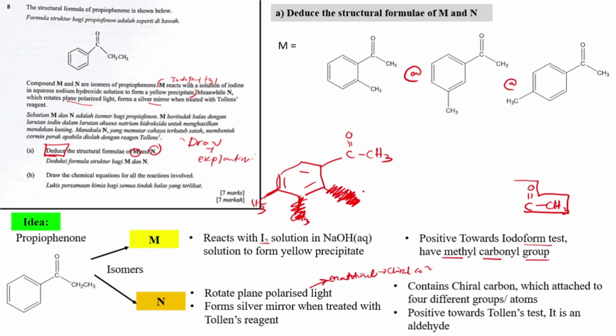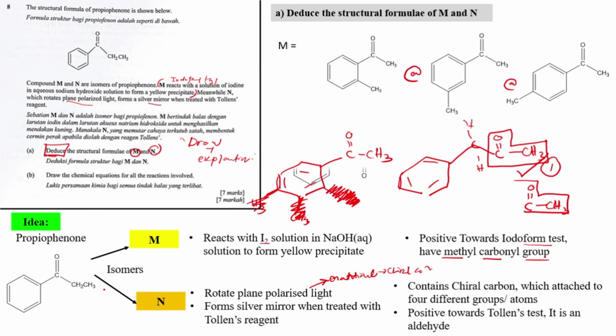Also, let's say you don't want to make a branching, you can make it like this, for example, positions 1 and 2, and then C double bond O CH3, and then you have CH2 here. This is also accepted, because it still has a methyl carbonyl group, and the molecular formula is still maintained. So there are four possible answers for M.